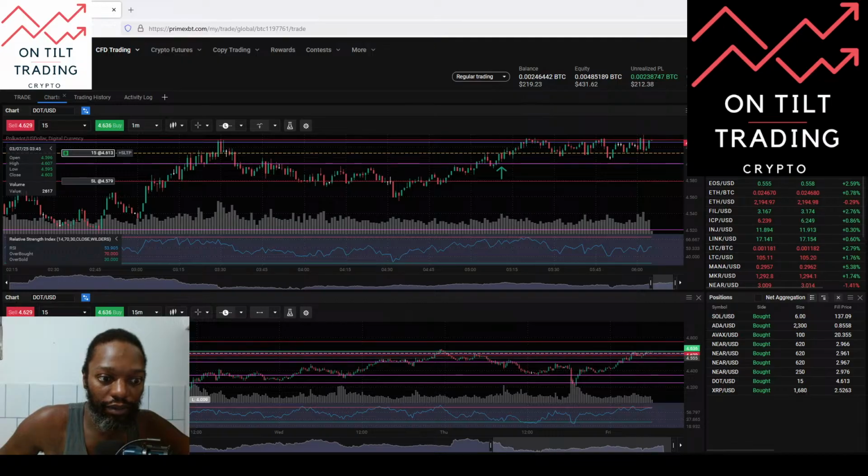My stop is hidden behind the main order because they're so close together, but you can see this red line right here just under this yellow dotted line, which is where my entry is, and then right here is where I want to take profits.